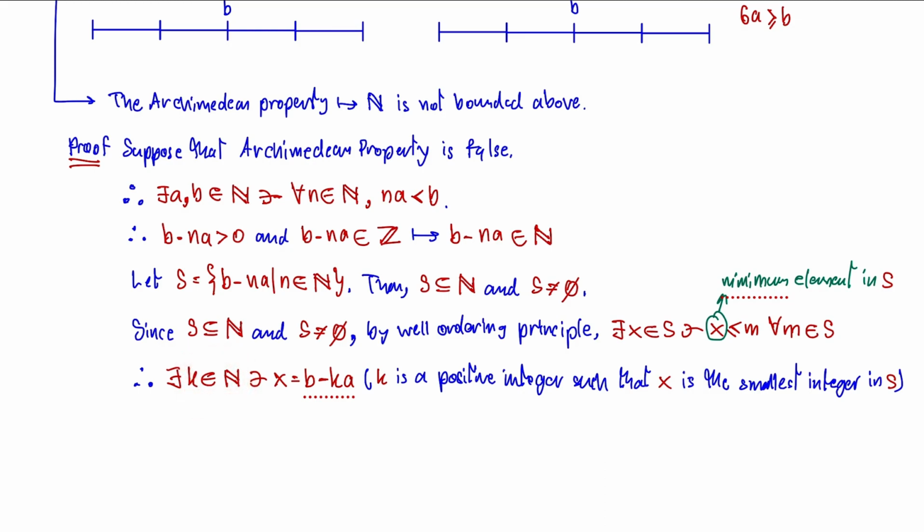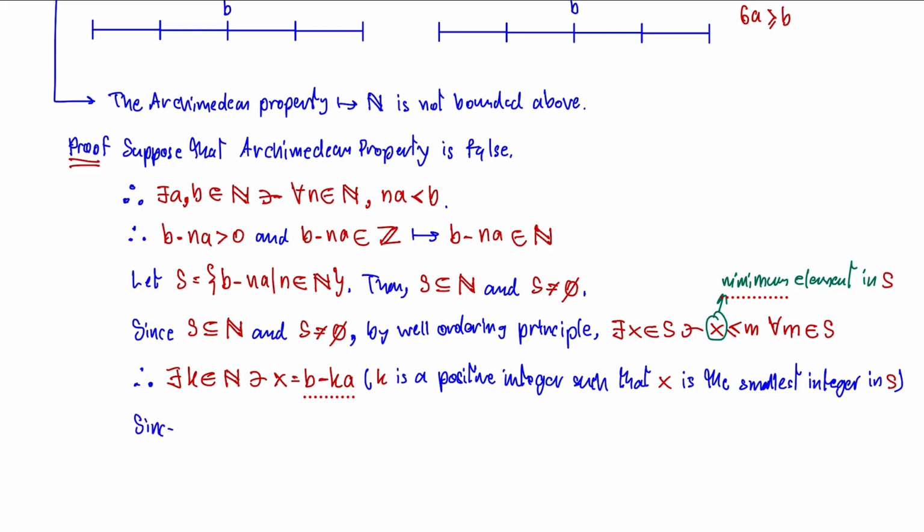Now, what can we do next? Right now we have x as the minimum element in set S with positive integer k. My question is, when k is a positive integer and 1 is in this set, what can we do?